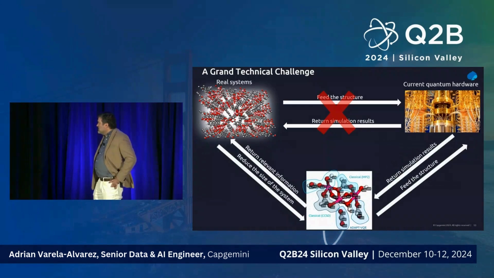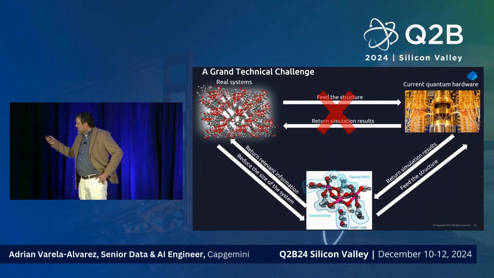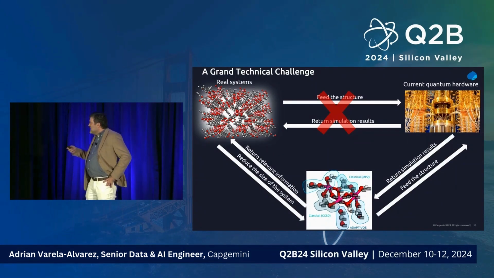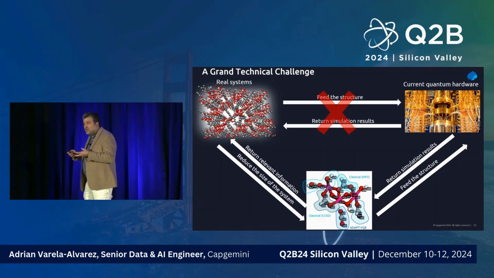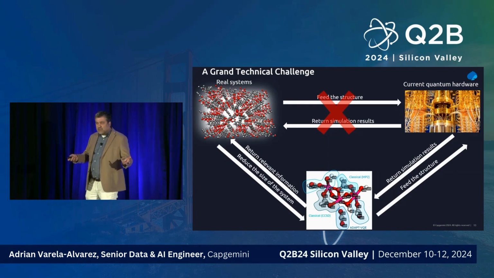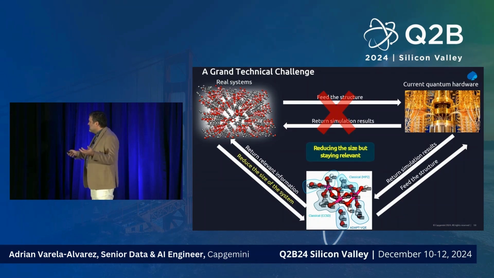The only way we think we can do that in a relevant way is to decrease the size of the system, but in a way that we end up with a model that is small enough to fit now or in the near future in a quantum computer, but that still gives you relevant information about the large original system. We call that a process of reducing the size but staying relevant.